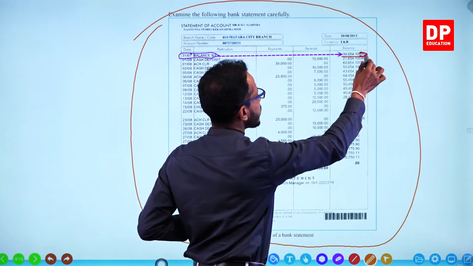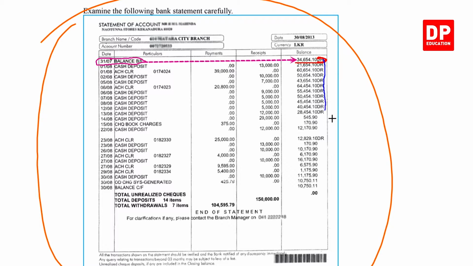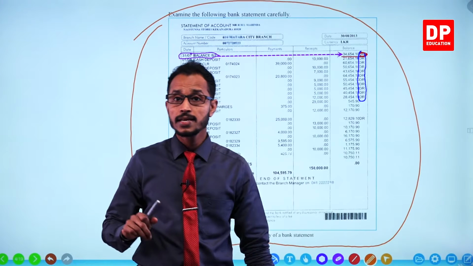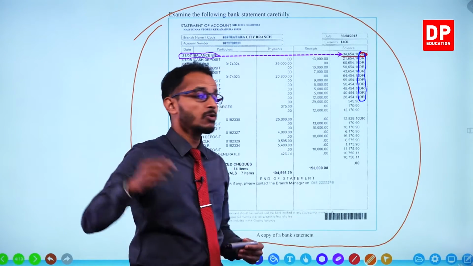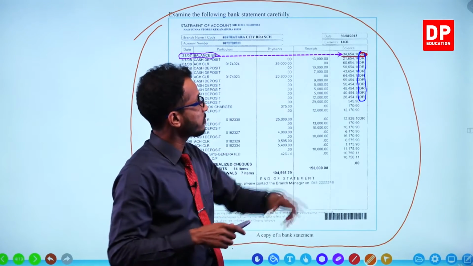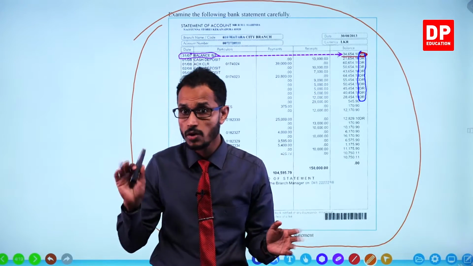All these balances are DR. Alright, so that's it. DR, debit side, that means it's a positive balance. Now we can go ahead with the remaining balance brought forward from last month. We have 34,654 in our account.